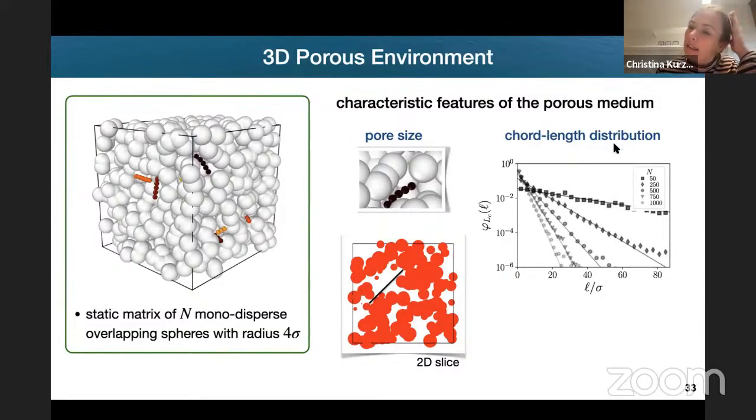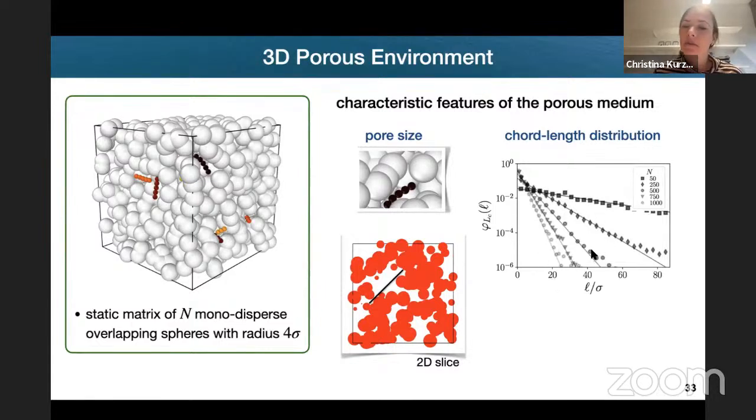But the second, and that's the more interesting part, is this chord length distribution. Here you can see a chord length distribution for different numbers of obstacles. They all decay exponentially, and they decay faster, obviously, if the environment is more dense, because then there are more obstacles, which shorten the path.